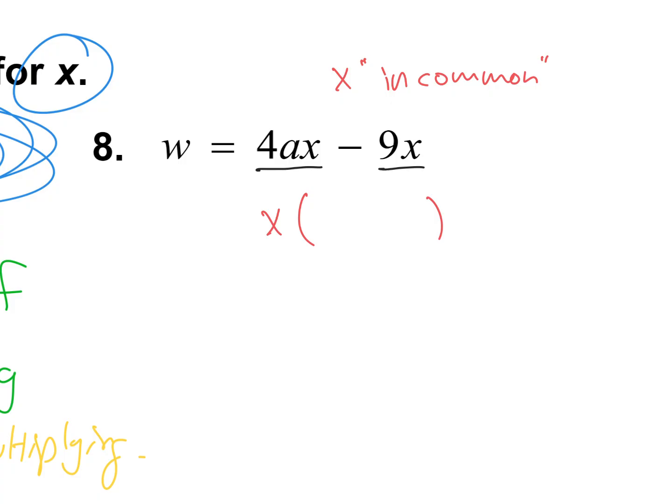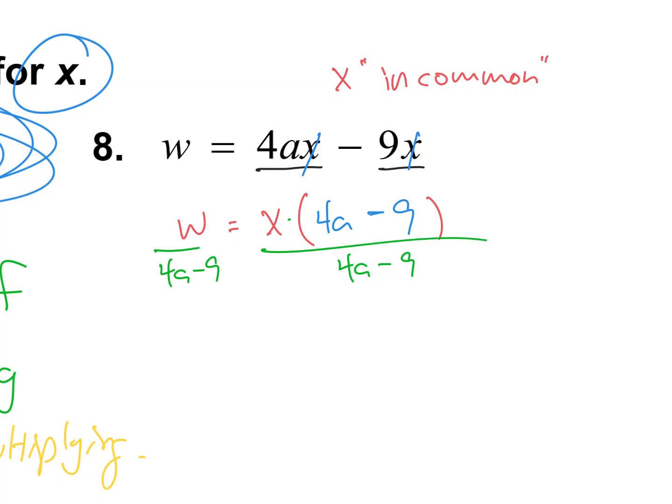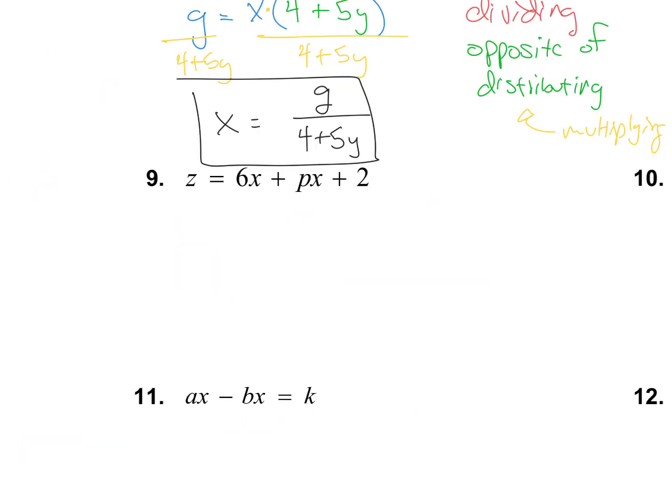And what's going to be left over is 4a minus 9. And then that w is still just over here. Since we're solving for x, we're going to divide by 4a minus 9. And now our answer is x equals w over 4a minus 9.